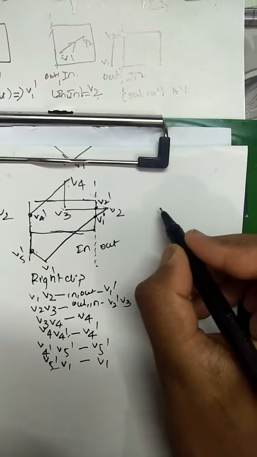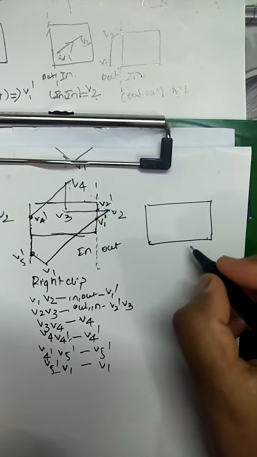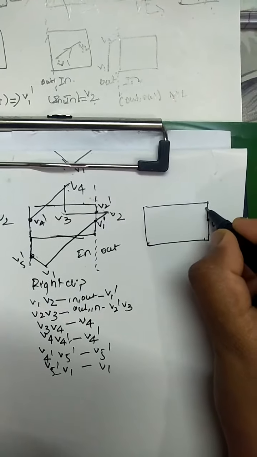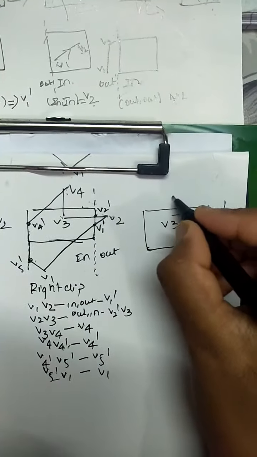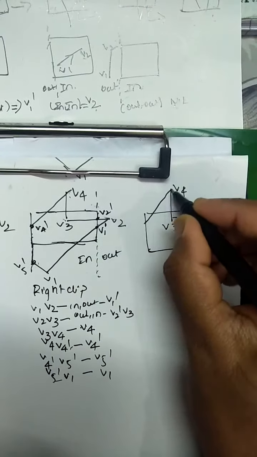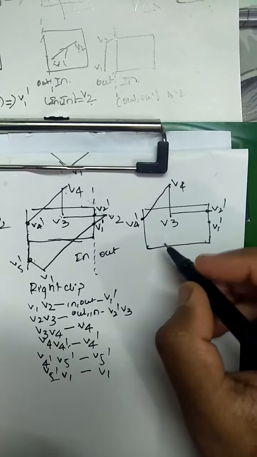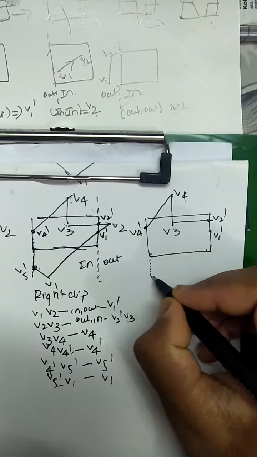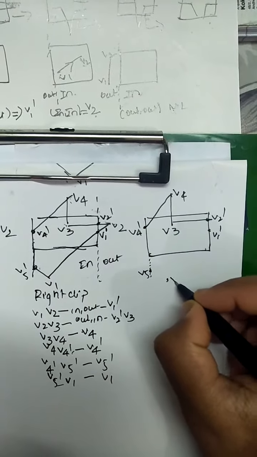Let's draw it now: v1 dash, v2 dash, v3, v4, v4 dash, then v5, v1.